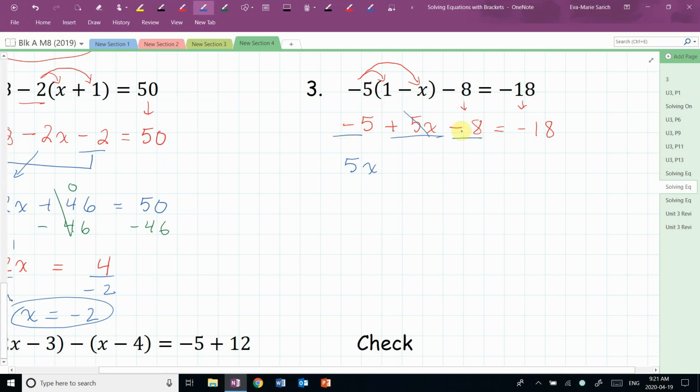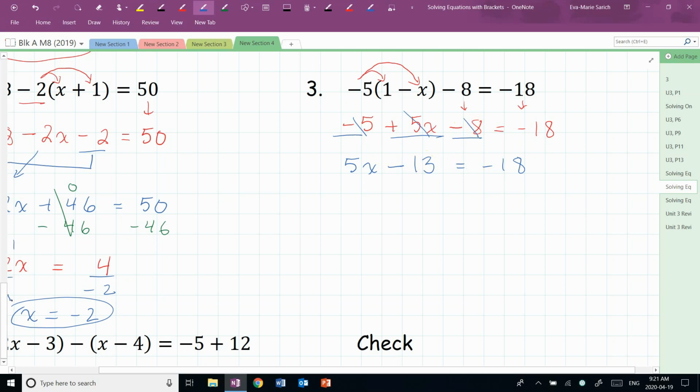Cold added to more cold means it's going to get colder. So colder being negative, and 5 and 8 gives us 13. Cross those off, and it's going to equal -18.